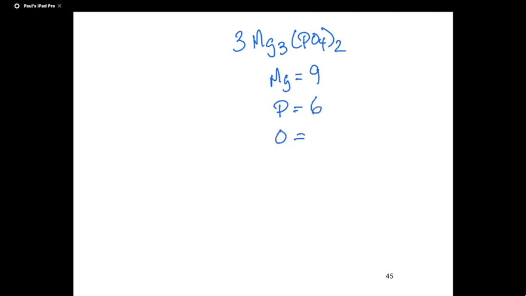Oxygen, for every compound I have 8, but if I have 3 of them, 24. Mathematically, what I did here was 3 times 3 is 9. And this one, 1 times 2 is 2, times 3 is 6. And this one, 4 times 2 is 8, times 3 is 24.